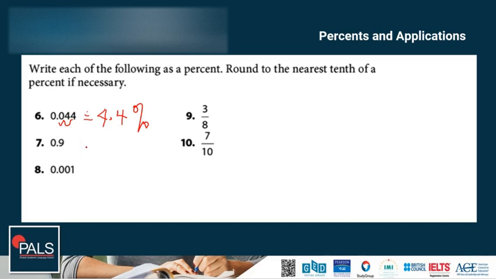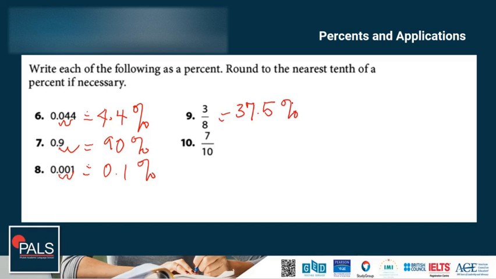Number 7, 0.9 is equal to 90%. Number 8, 0.1%. Number 9, 3/8 is equal to 37.5%.